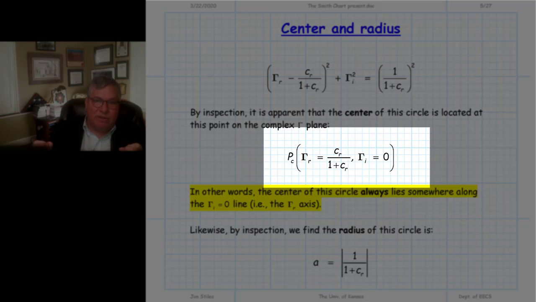CR, again, is the value, the constant of the resistance contour, 2 or minus 4.57, whatever that vertical contour that we first described.